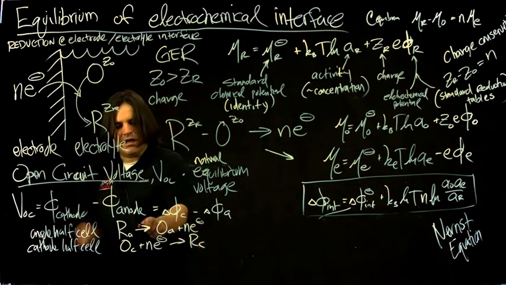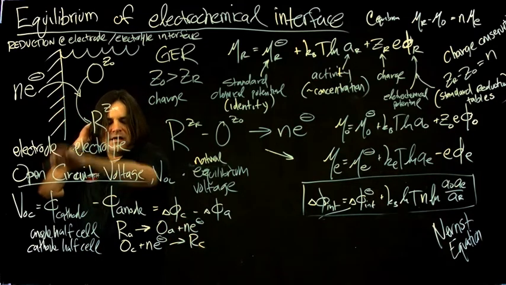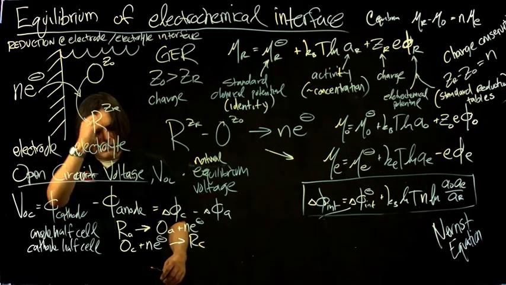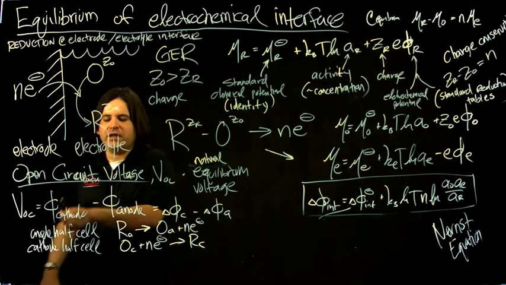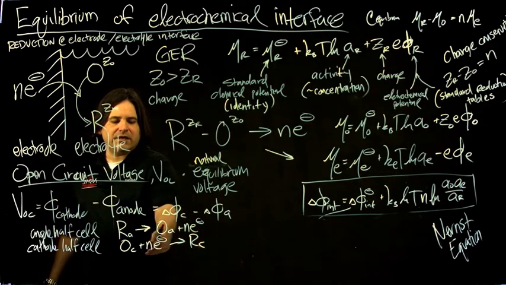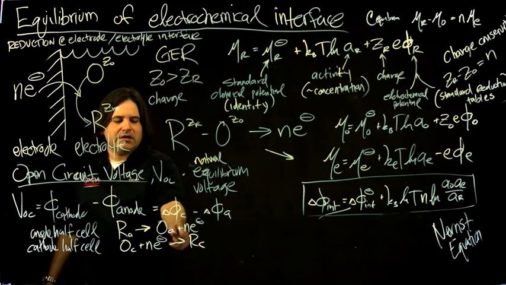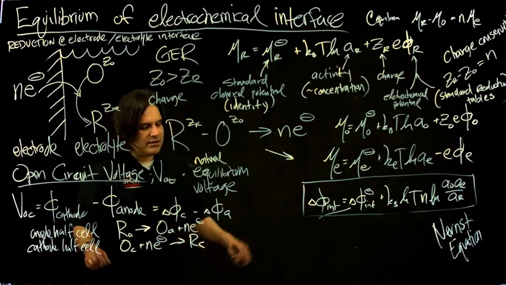So this subscript is saying that it's at the different electrode. It's at the A electrode. This is at the C electrode, a different one. And by convention, you just write these going in this direction. At the anode, you're producing an electron. At the cathode, you're consuming an electron. That's why we have these electrons on either side.